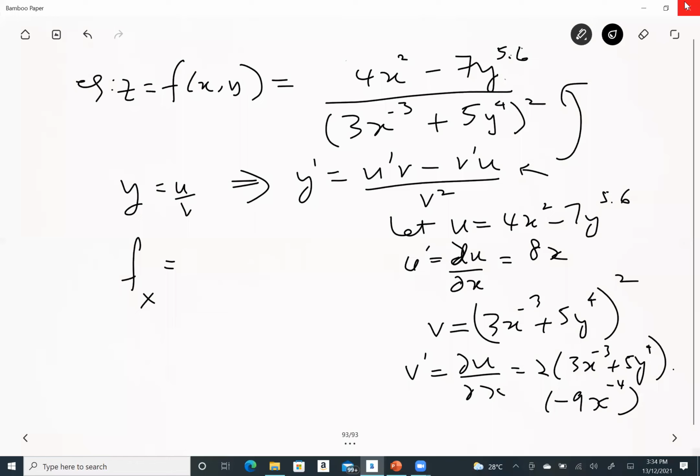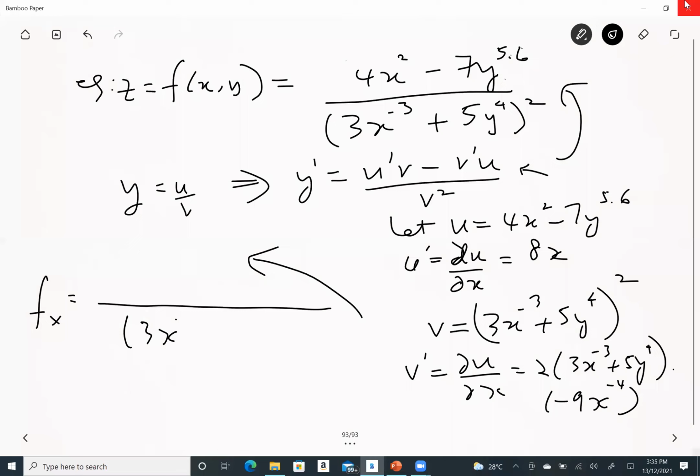Okay, all right. So now you put in the formula, divide by v squared. Okay, I want you to do it. Put everything in and make sure you divide by v squared. So I already have everything here. So fx is equal to, so you got all those terms, you know, subtraction, multiply, everything divided by 3x to the power of negative 3 plus 5y to the power of 4, squared.